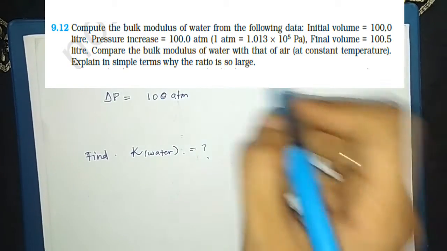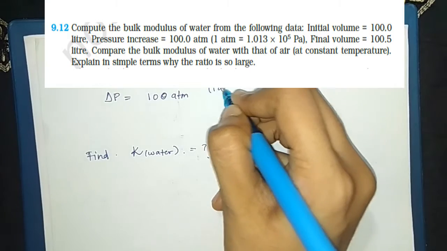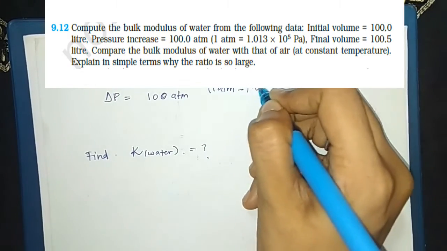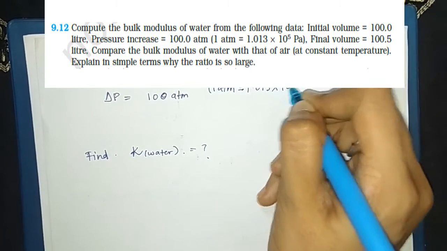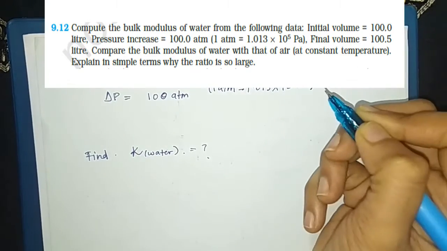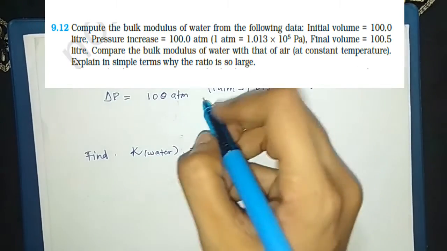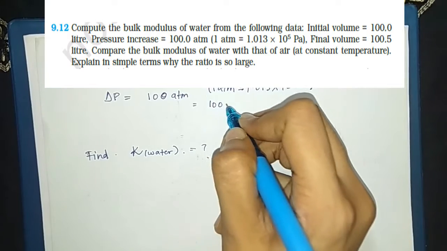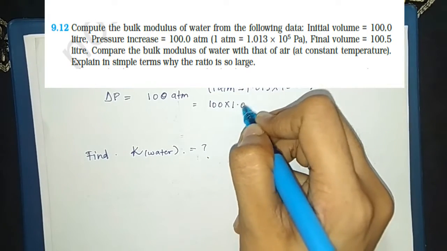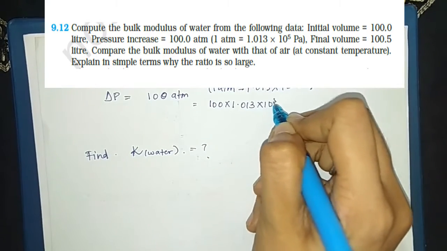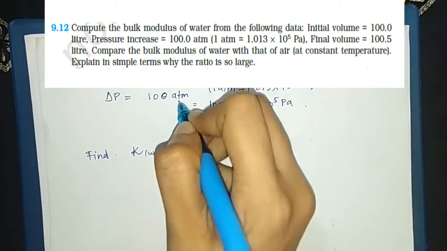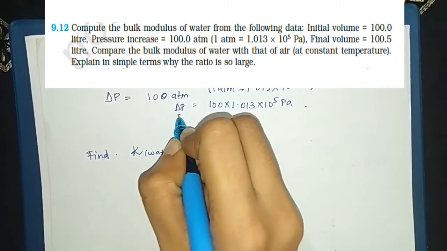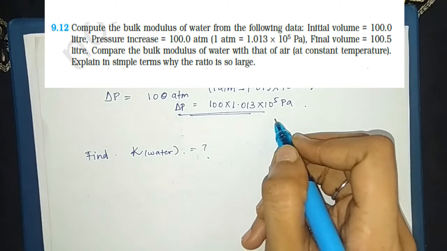They have also mentioned that 1 atmosphere is 1.013 times 10 raised to 5 pascals. So 100 atm will be 100 times 1.013 times 10 raised to 5 pascals. That is delta P, the change in pressure in SI units.